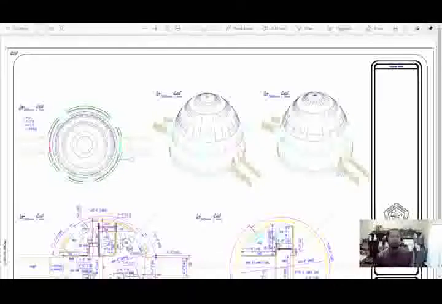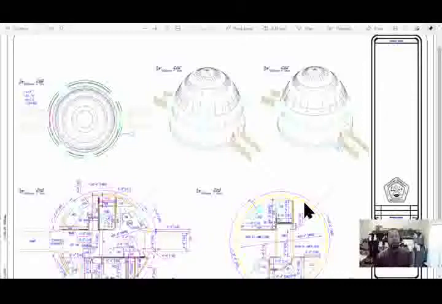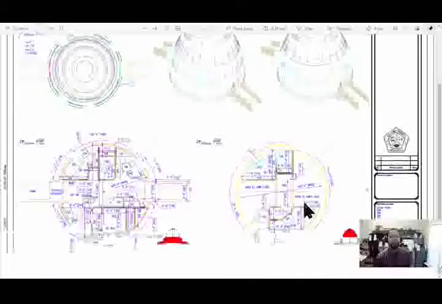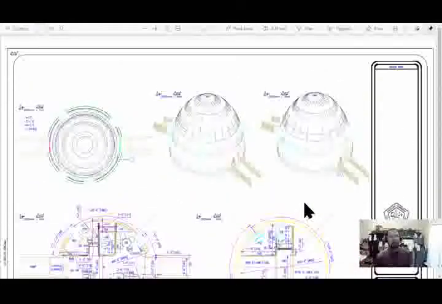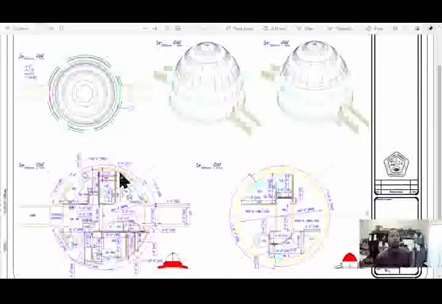I want to pick up in reviewing, analyzing sheet number 3. As you can see, sheet number 3 is the top view or plan view of both the exterior and the interior.